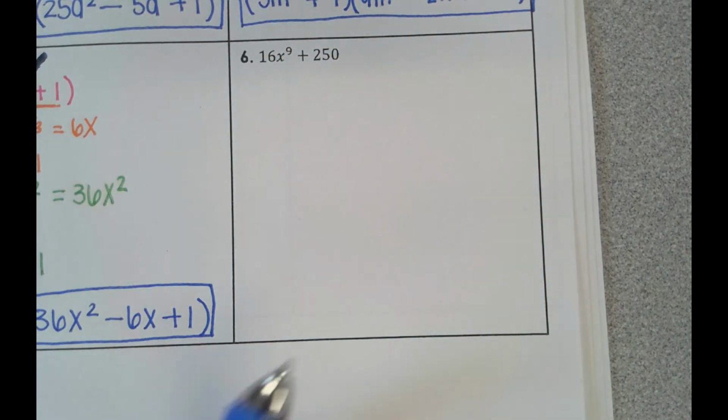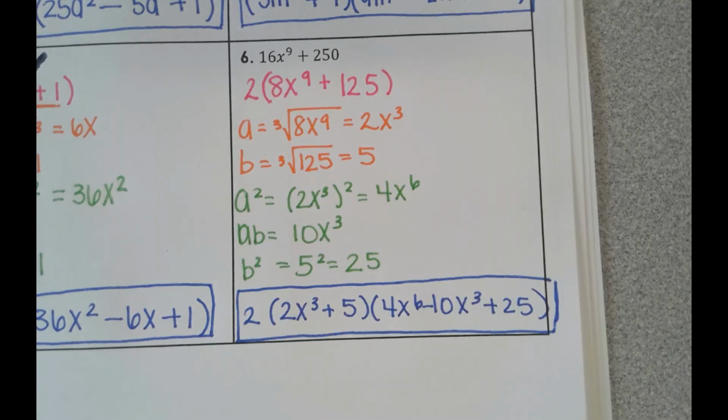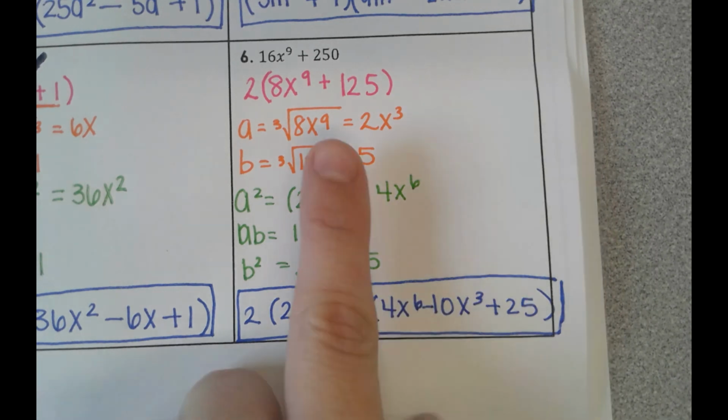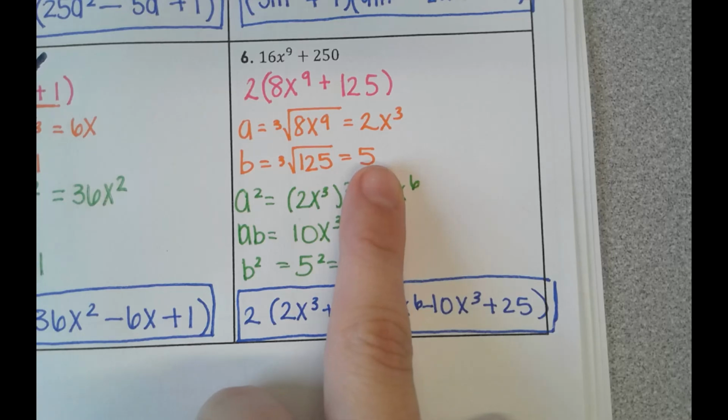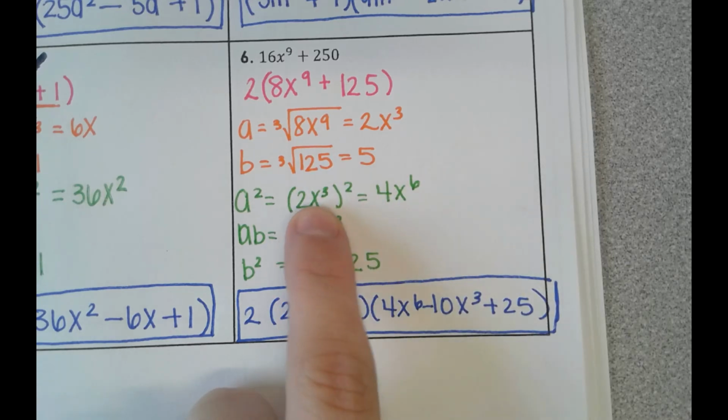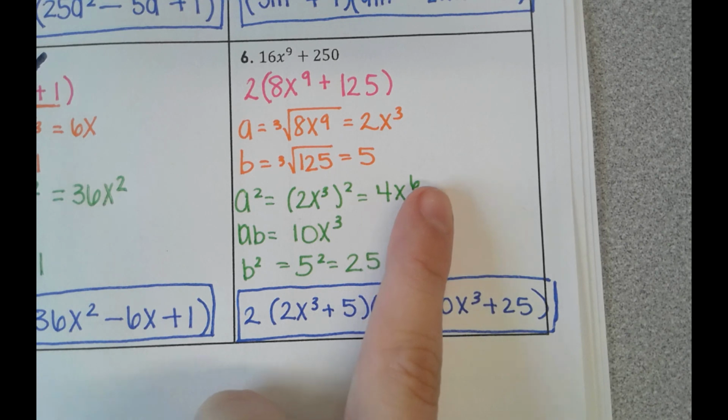All right. Number 6 has a GCF. So you should have found the GCF of 2, leaving you with 8x to the 9th plus 125. And then that's where you find your A and B. So we have 2x cubed for A, 5 for B. Then your A squared is 4x to the 6th.